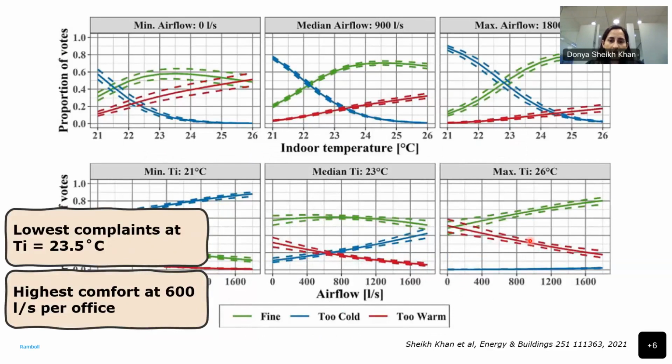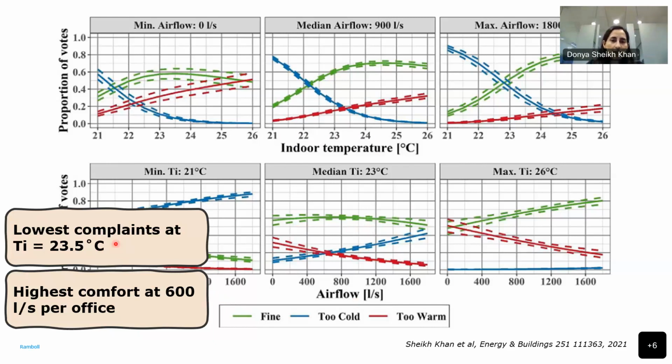Another useful way of illustrating the information was to do a model relating the temperature and airflow with the occupant votes, to identify what the temperature should be to have the lowest complaints, and at what point we could achieve highest comfort in terms of the vote fine for the airflow.